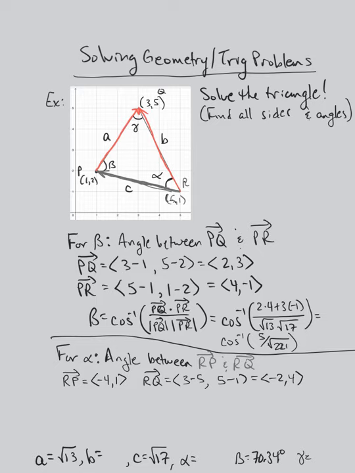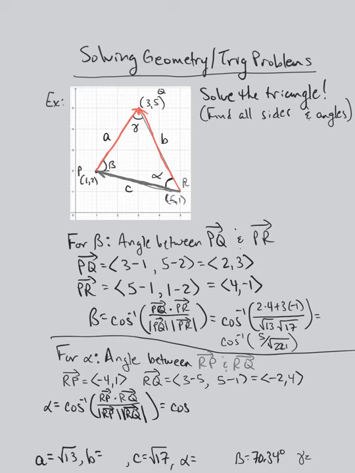And so the angle alpha is going to be the inverse cosine of the dot product of those two vectors, RP dot RQ, divided by their lengths. Okay.